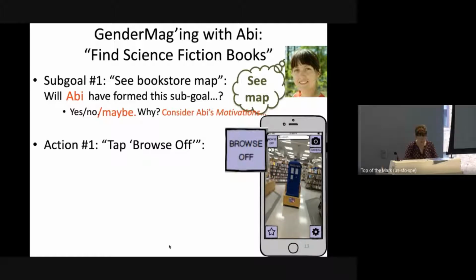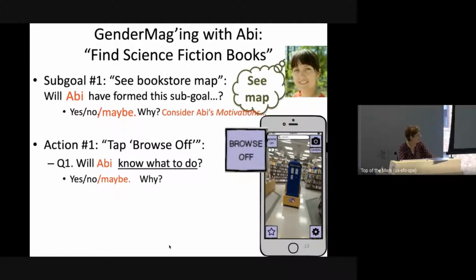And here's the set of developers. They're saying, I want her to push browse off. This may seem a little unintuitive. They were students, that's why they need me. But that's what they wanted. And so then we again ask, will Abby do this? Yes, no, maybe, and why? We refer to her facets, write it all down, and then we make her do it.